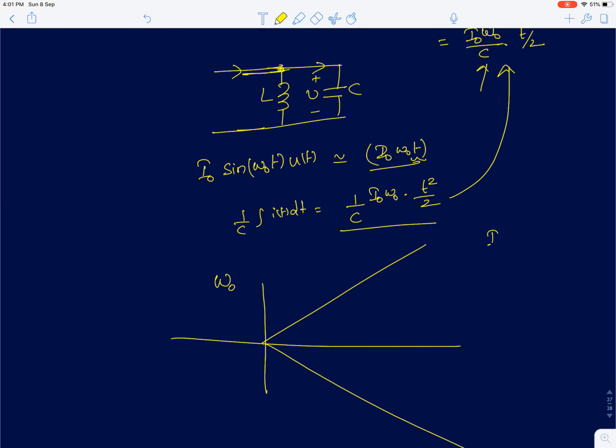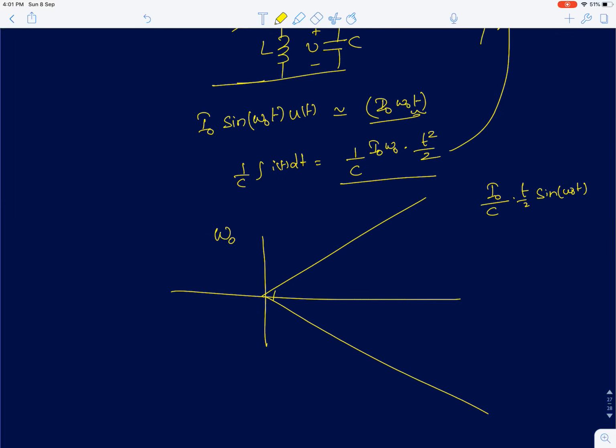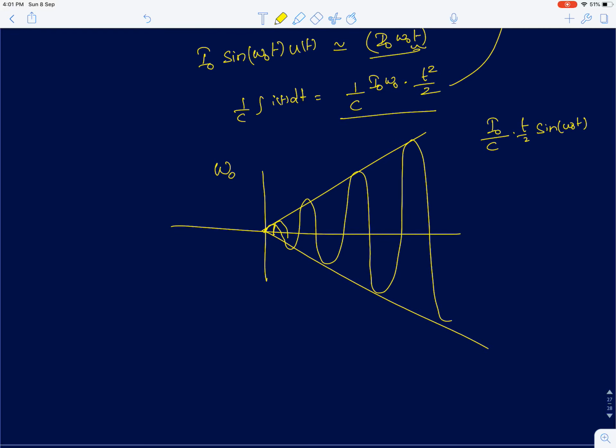It will be I naught by C into t by 2 sine of omega naught t. If I start from the origin, the output sine wave would just increase linearly like this. We'll find an intuitive explanation for that later. I just wanted to write the mathematical equation for this first.